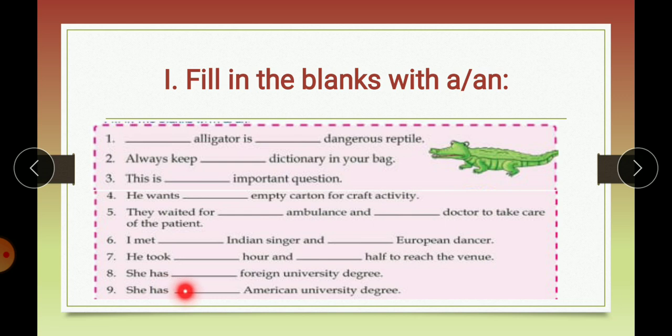She has a foreign university degree. She has an American university degree. Clear? So the basic rules of articles we are just implying here.